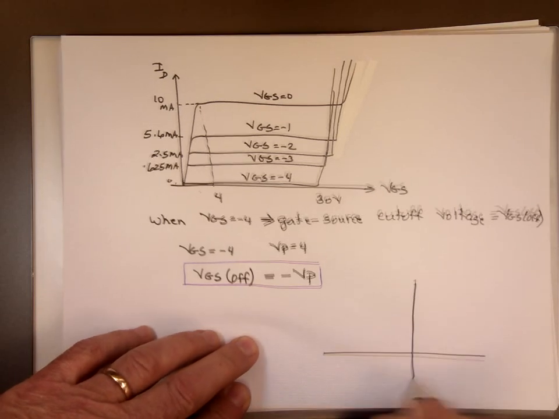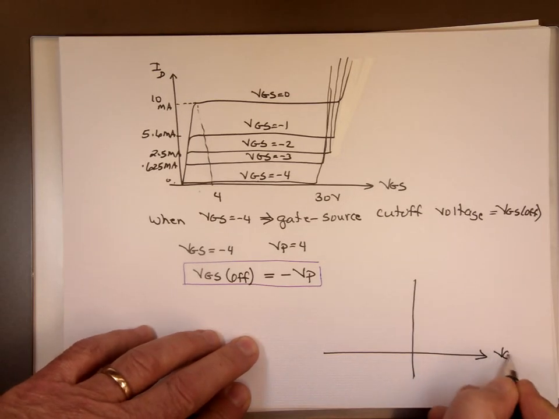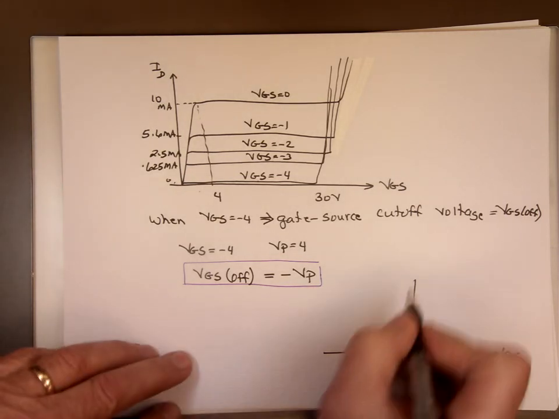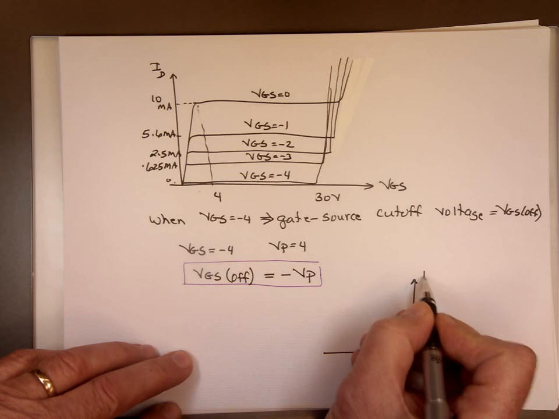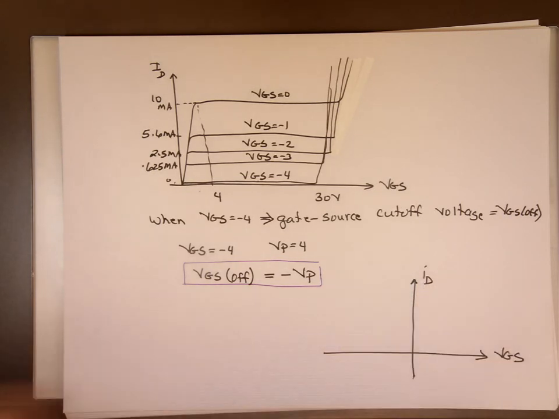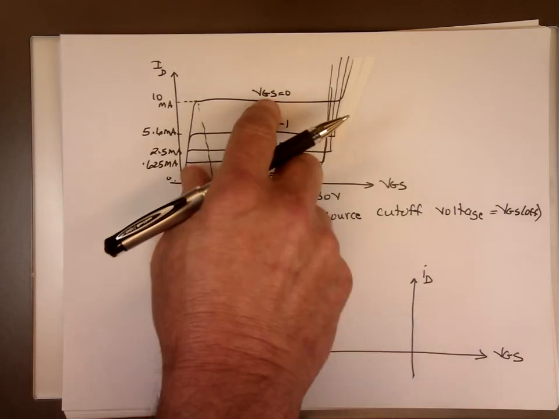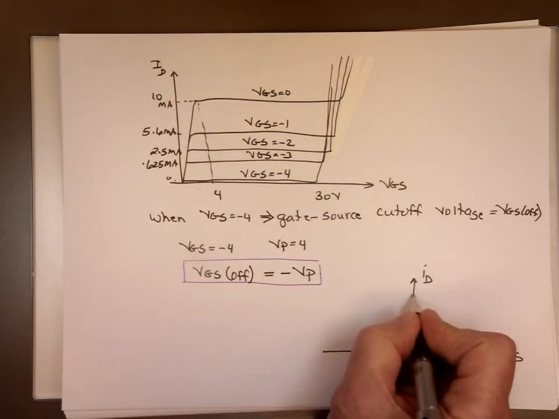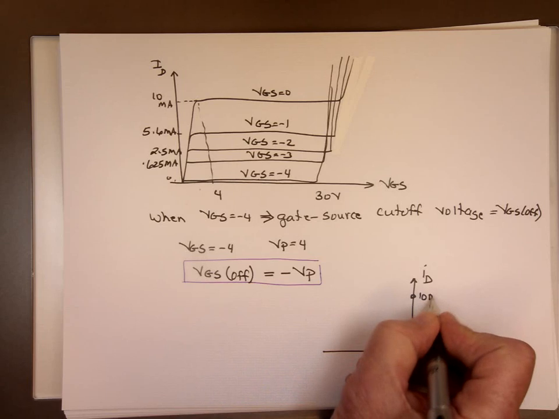Let's graph VGS versus I sub D. When VGS from this picture is 0, what was the current? 10 milliamps. So if I put 10 milliamp here, that's when VGS is 0.